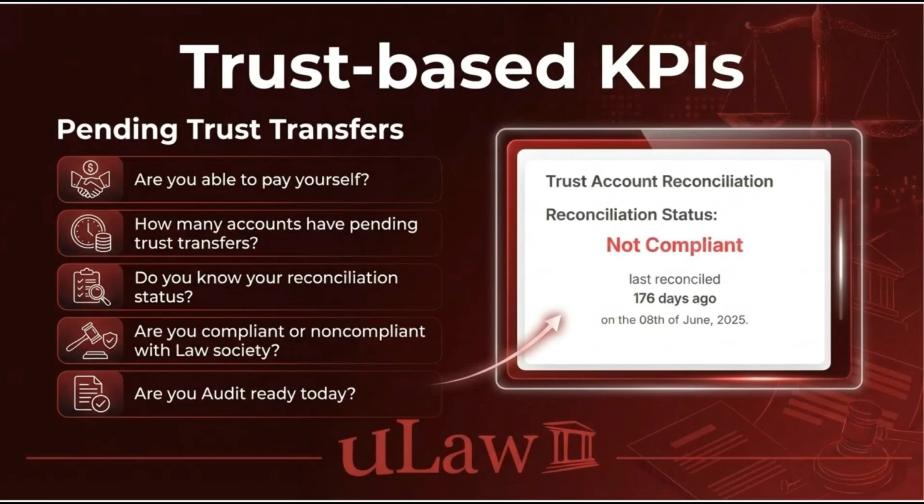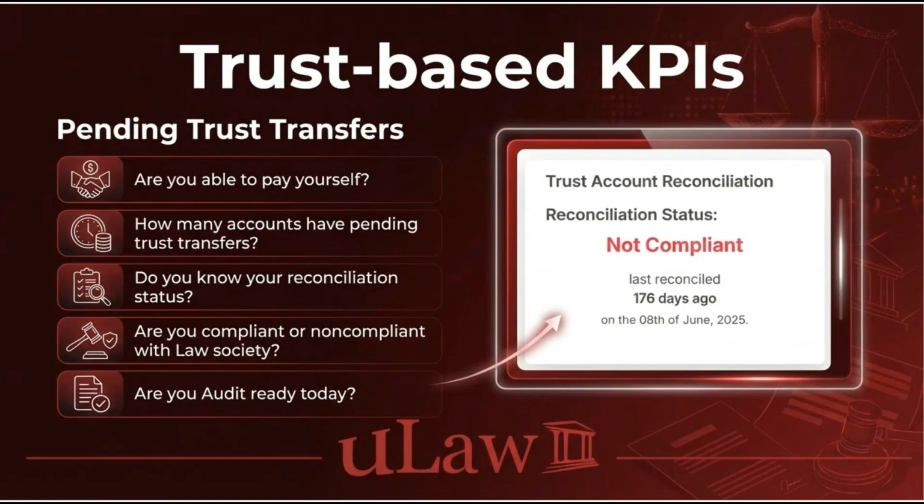You have pending trust transfers where you've not moved the money out of the trust account, so it's sitting in there. Well, it's yours. You might as well raise invoices and move it. So that's when the unbilled matters start paying you. Basically, when you have money sitting in the trust account and you don't have invoices, you raise the invoices, and then you'll automatically be able to move that money from trust to the general.